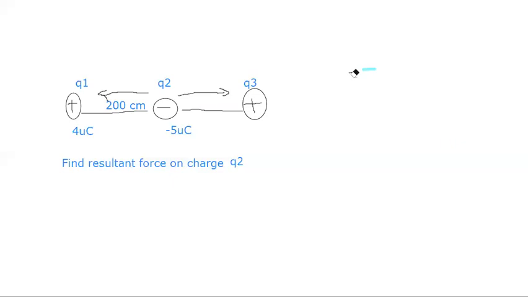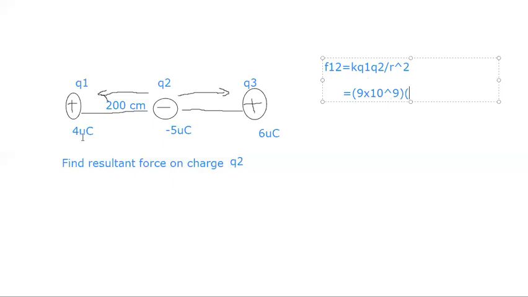So let's start the calculation. We have 6 microcoulomb here. If I apply the force on these two, let's call it F12. It will be equal to K Q1 Q2 divided by R square, where R is the distance between them. K value we already know, it's 9 cross 10 power 9, multiplied by Q1.